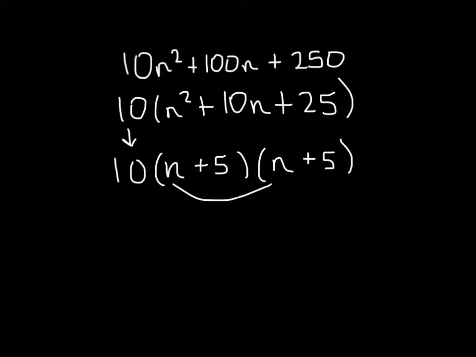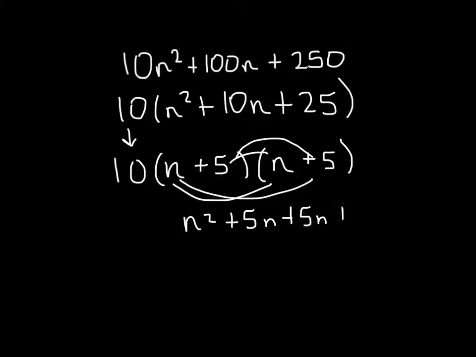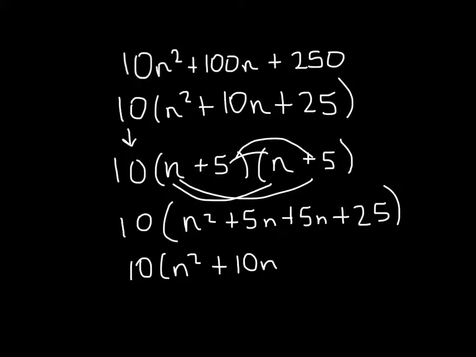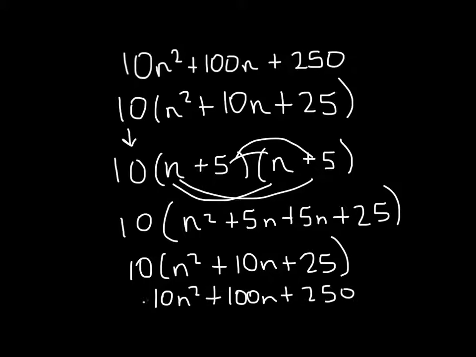So when we multiply this out, we get n squared plus 5n plus 5n plus 25, and we have that 10 on the outside still. So this equates to 10 times n squared plus 10n plus 25, and if we were to check it all the way, that's equivalent to 10n squared plus 100n plus 250, which is of course what we started with.